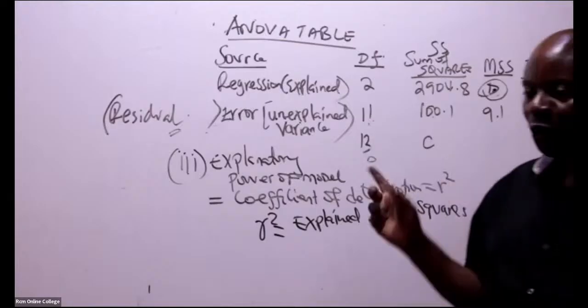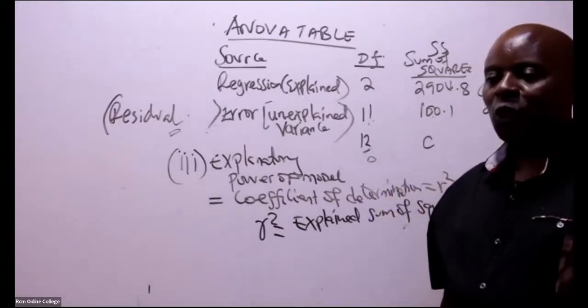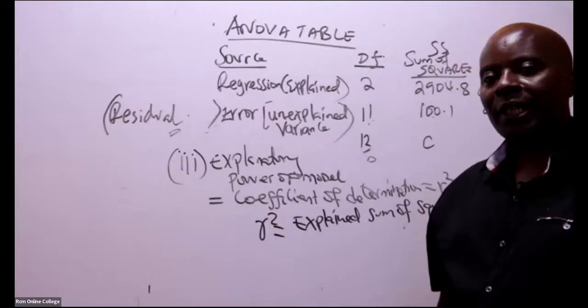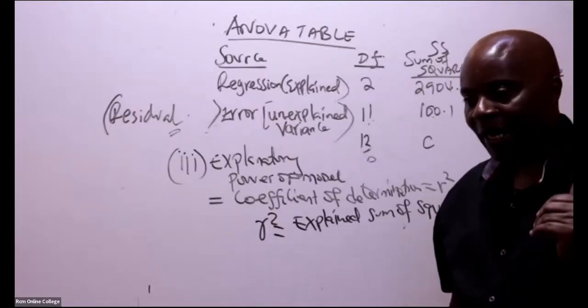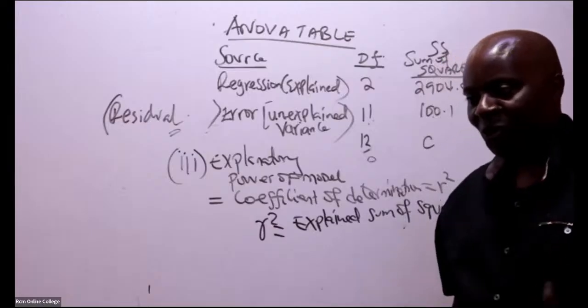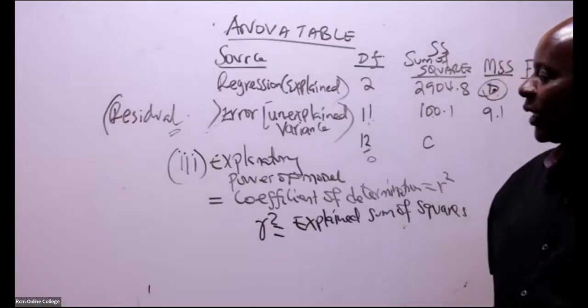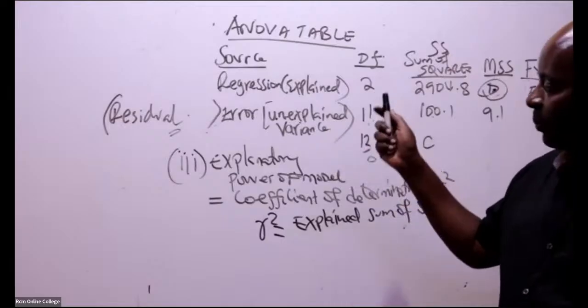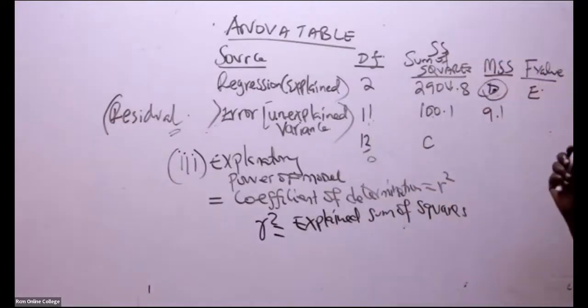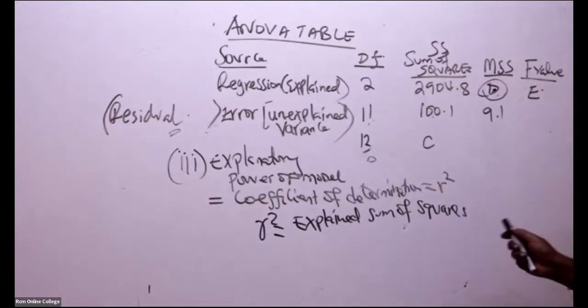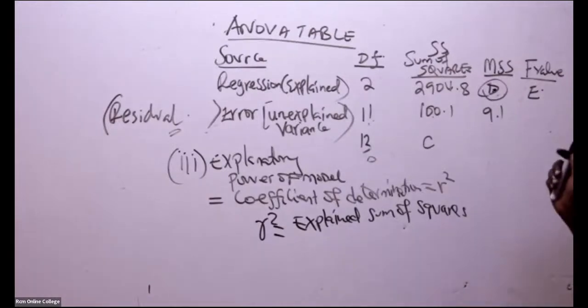So Roman 2 is already done. In Roman 2, they wanted us to give them the regression model, or regression equation, that we did a long time ago. Then now we have Roman 3. In Roman 3, they want us to give them the explanatory power of the model, which is also known as the coefficient of determination, which is R squared.